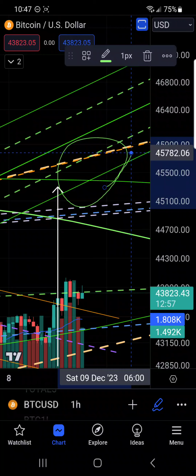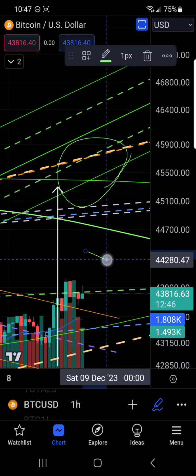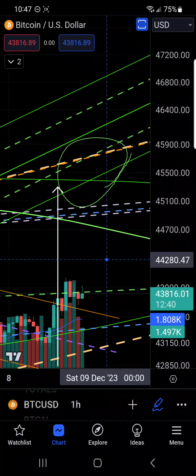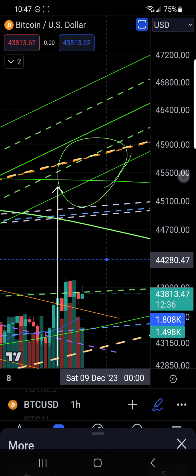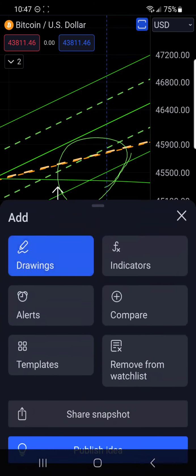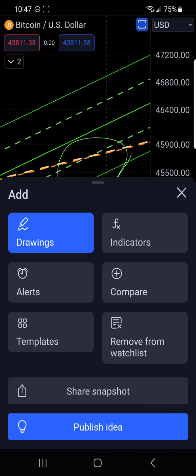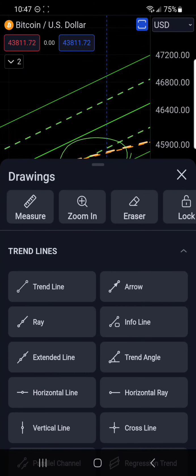And actually, I don't know how to stop making circles. I think I might still be drawing. Yep, I'm still drawing. I don't know how to get off of that in this view.